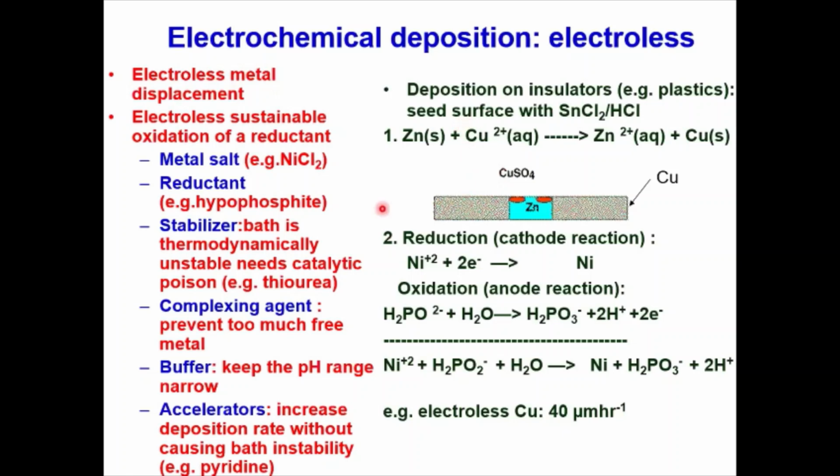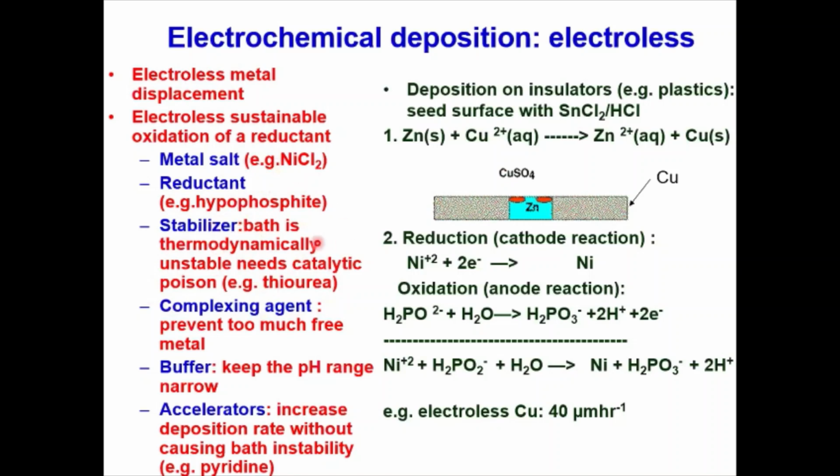And on a larger scale, you can initiate a cathodic reaction and deposit on a larger area, for which you use precursor as a metal salt. For example, if you want to deposit nickel, right, you use nickel chloride as metal salt, and the reducing agent in this case is hypophosphite, right? And then you need a stabilizer because this reaction has to be controlled, all right?